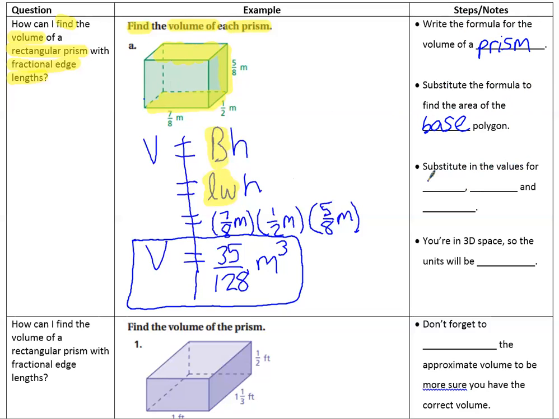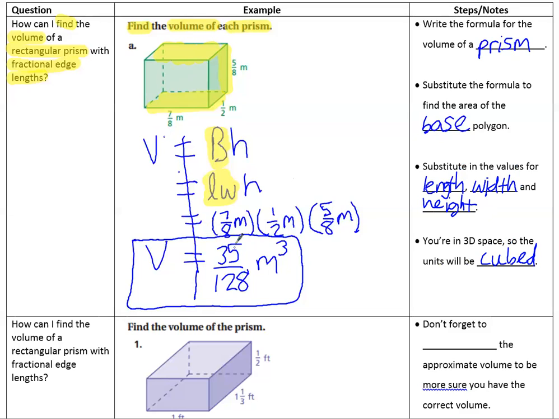Substitute values in for length, width, and height. Right. You're in 3D space, so the units will be cubed. Okay, so we know that it takes 35/128 of a meter cubed to fill this thing up.